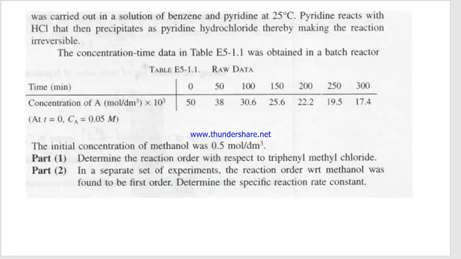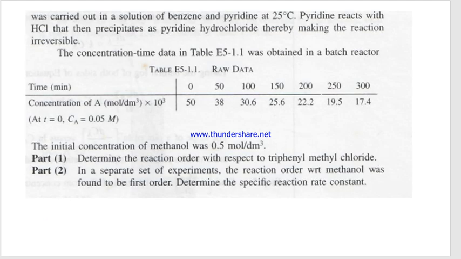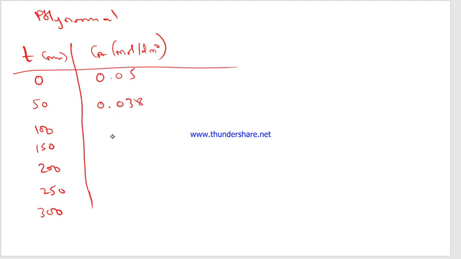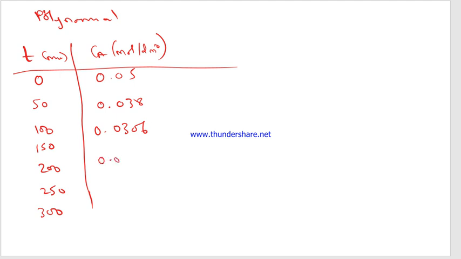And the Ca is 0.05, 0.038, 0.0306, 0.0256, and so on and so forth.